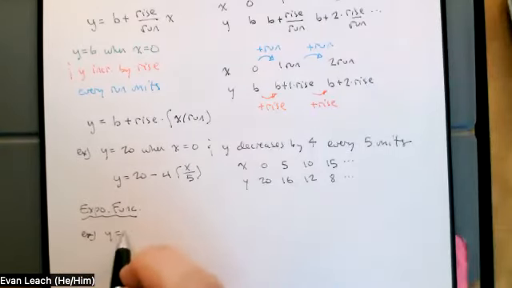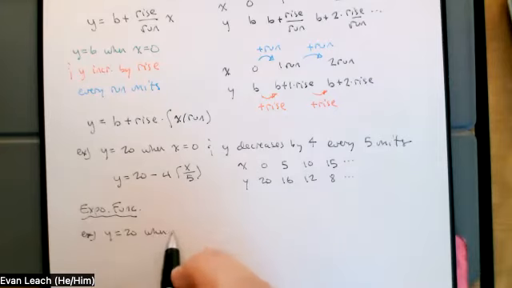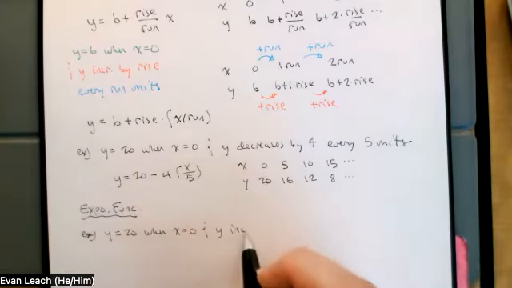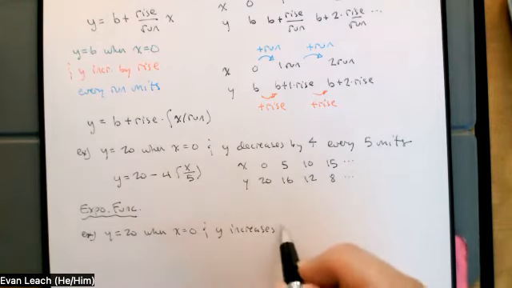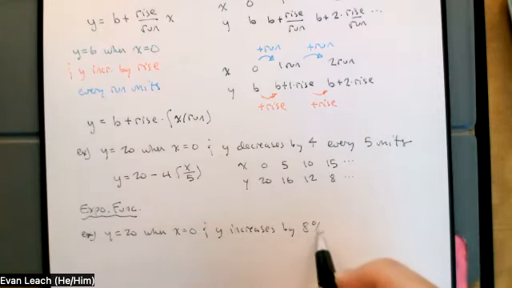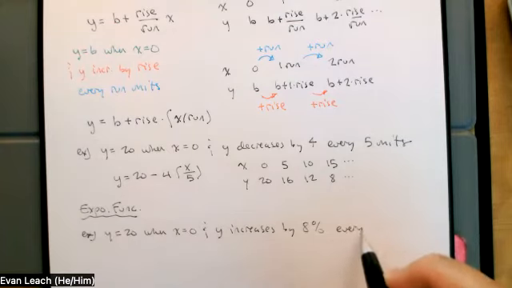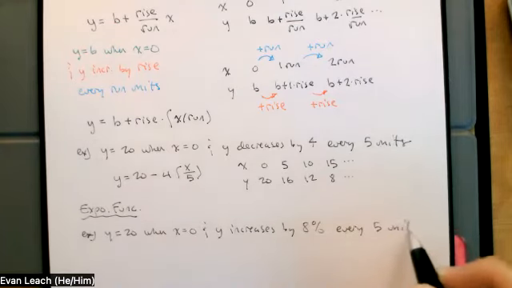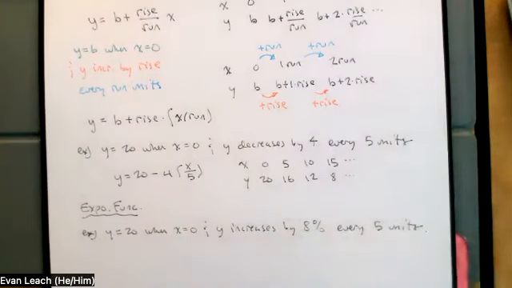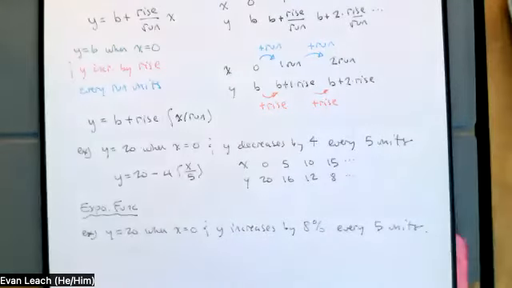Let's say y is 20 when x is 0 and y increases by 8% every 5 units. So I have an increase by 8%, but it's not happening every unit like before.